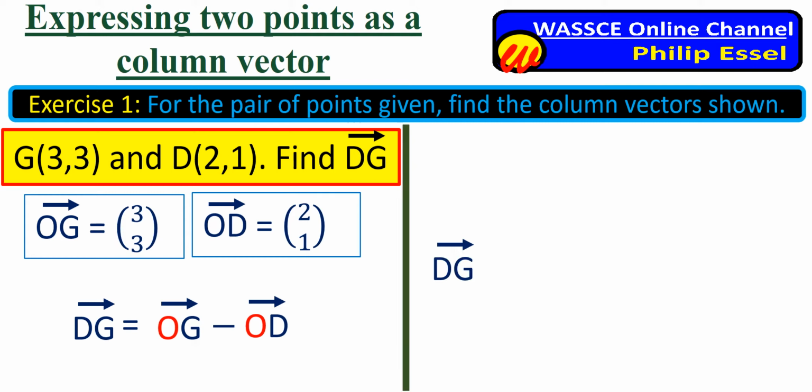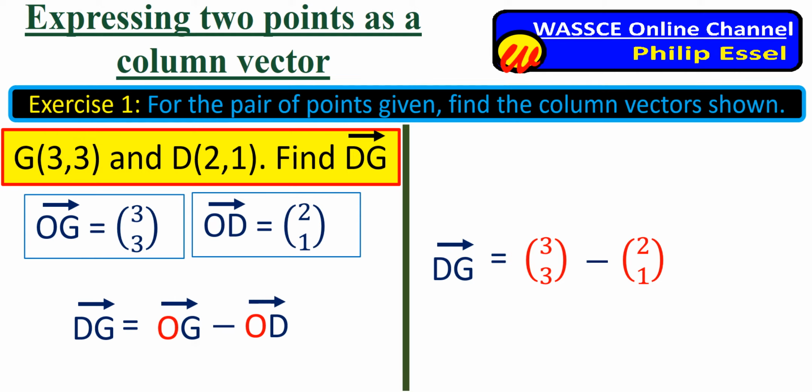So our vector DG is equal to our position vector OG, which is the vector (3, 3), minus our position vector OD, which is the vector (2, 1).